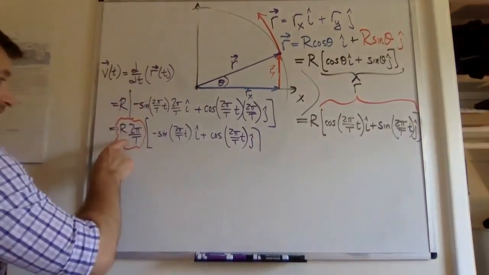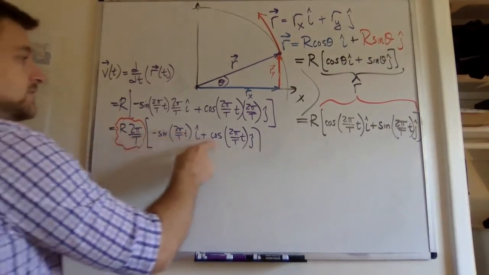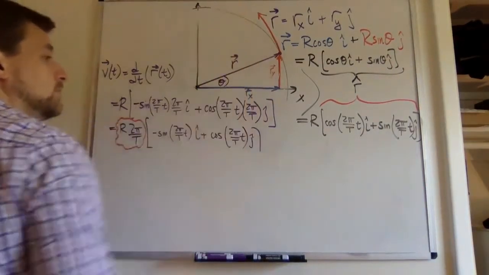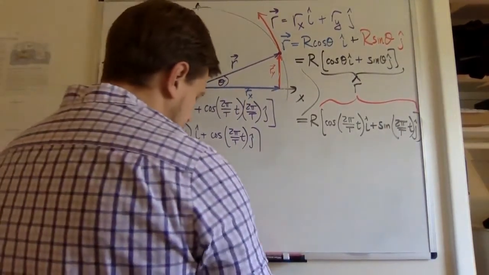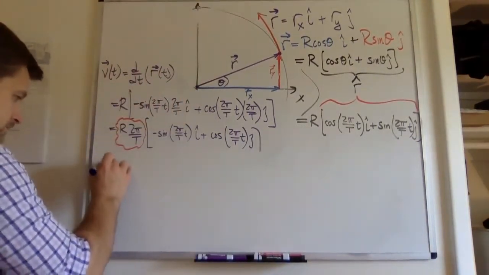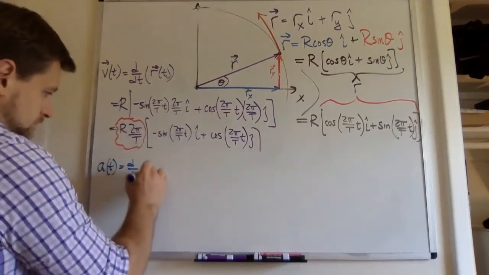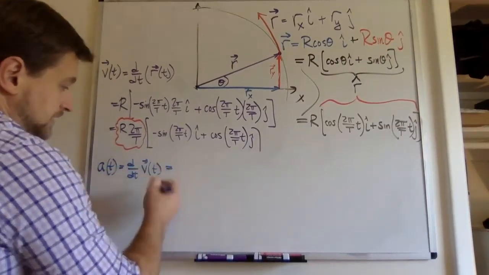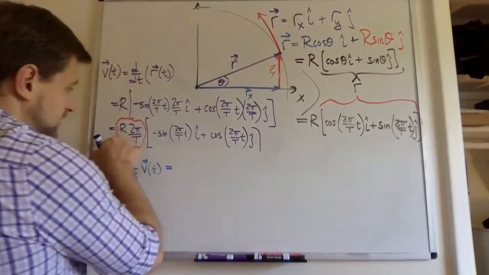We know its magnitude, circumference divided by capital T, and its direction is perpendicular to a radius. If we can talk about the velocity, we can talk about the acceleration, taking another derivative. This is constant.